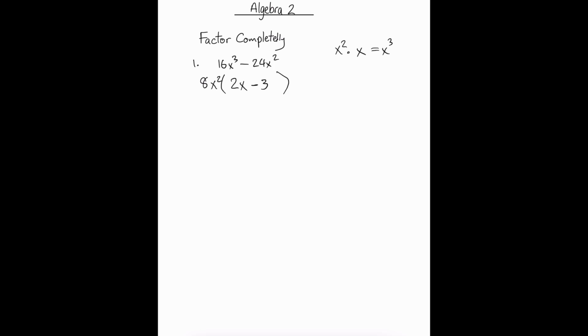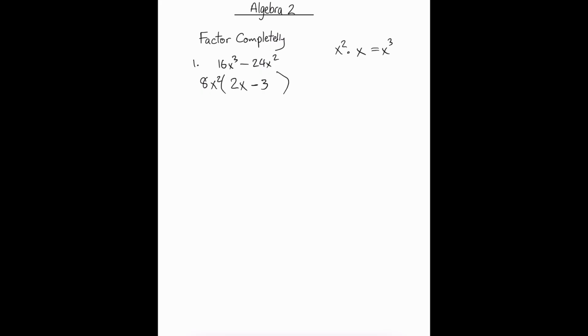Well, it's an x squared times 1, so we won't need to write the 1 because it's implied that 1 times itself or any other number is the number itself. So there we go. Our two factored terms are 8x squared and 2x minus 3, and that would be your final answer for that question.